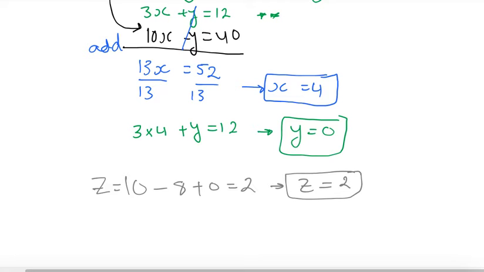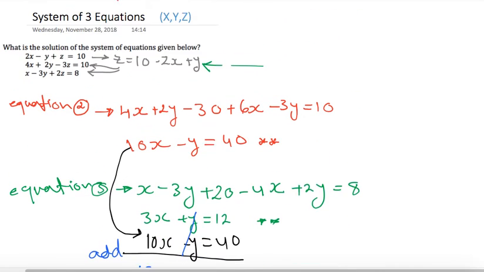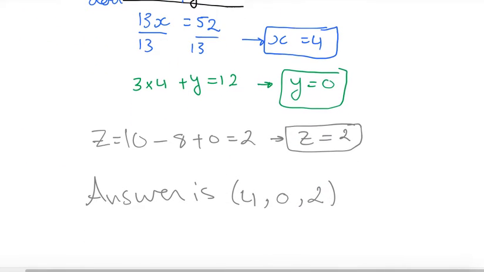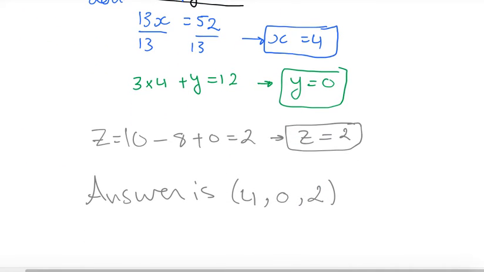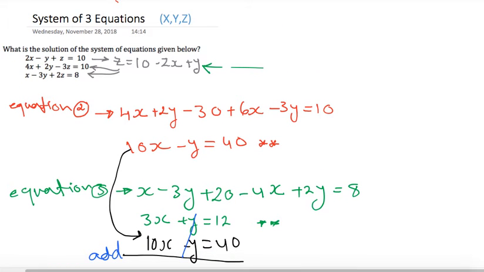And the final answer, we can rewrite it as (4, 0, 2). To check your answer, you can easily go back in each of those equations and plug in 4, 0, 2 for x, y, and z, and you will find that it works for the 3 equations at the same time.